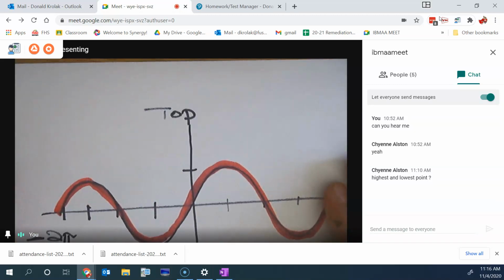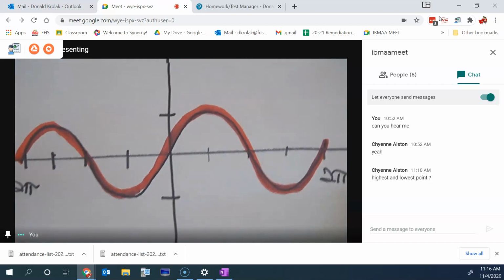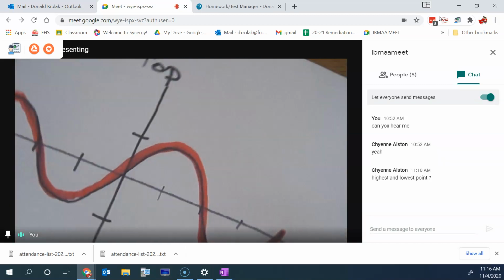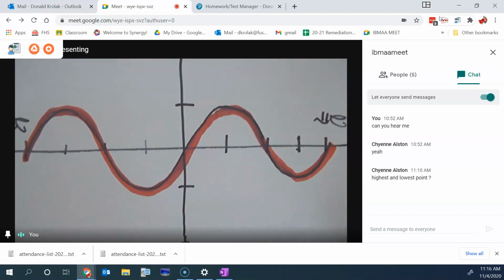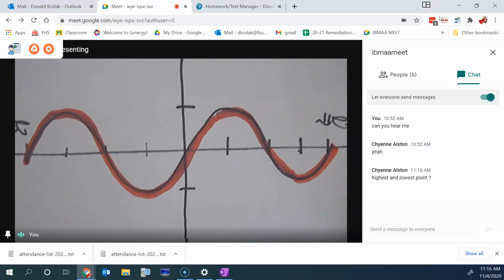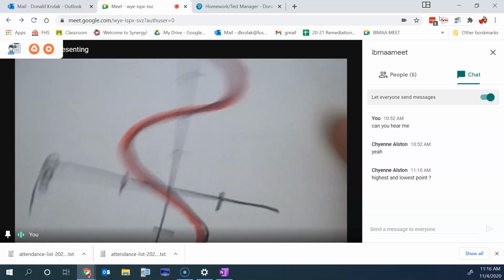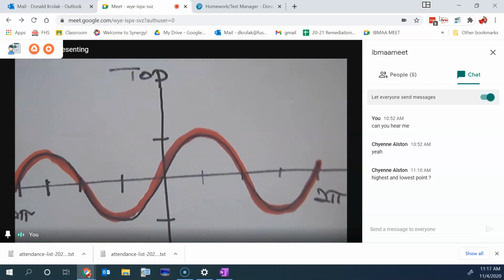Now, if you take a sine curve, and I'm going to take my paper and turn it upside down, the sine curve looks the same. It didn't change. Turn it right side back up, it's the same thing.